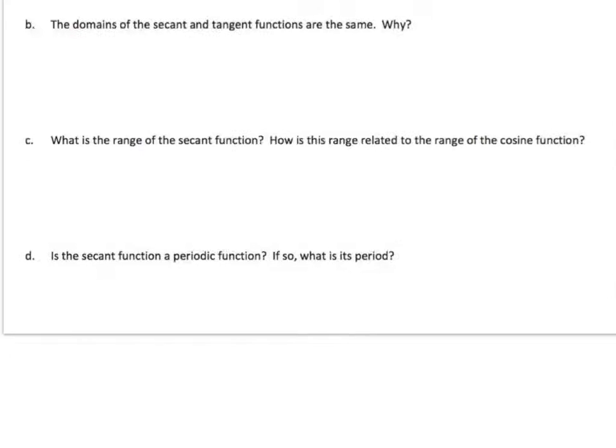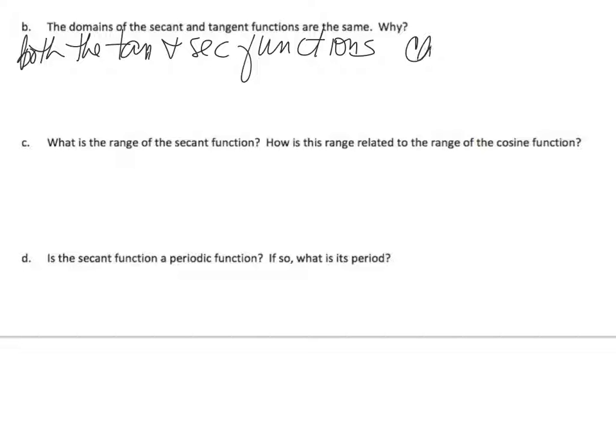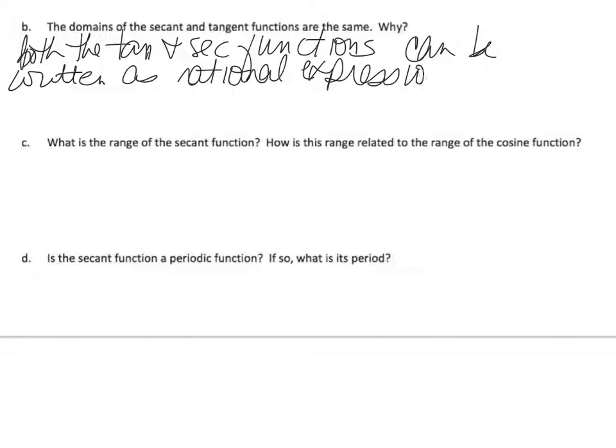Both the tangent and secant functions can be written as rational expressions with cosine theta in the denominator.